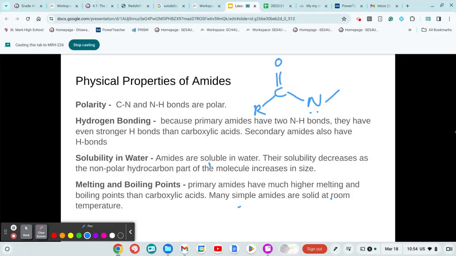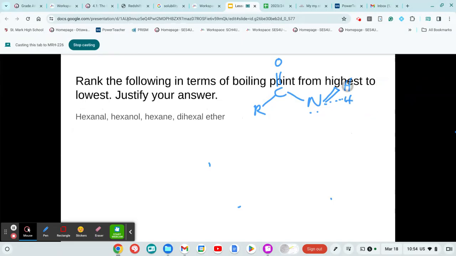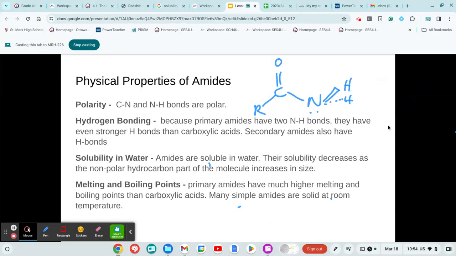So depending what's on the nitrogen, that could be a hydrogen, which would mean that the amide has some hydrogen bonding, or it could be CH3s or something like that. As a result, there wouldn't be any hydrogen bonding. So they're going to be polar, but they may or may not have hydrogen bonding.